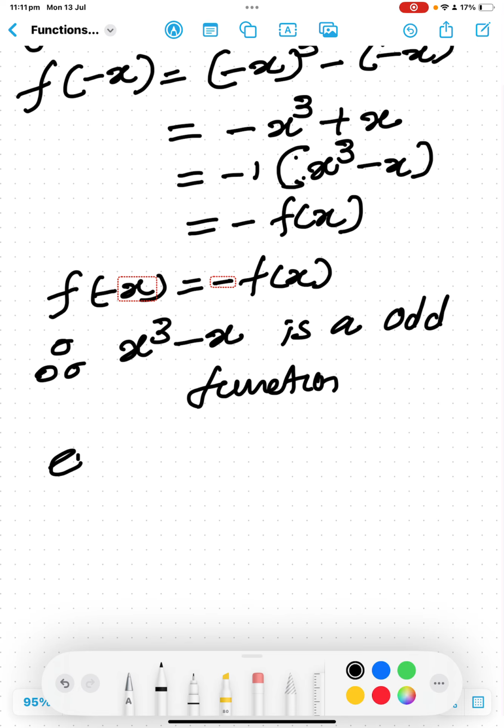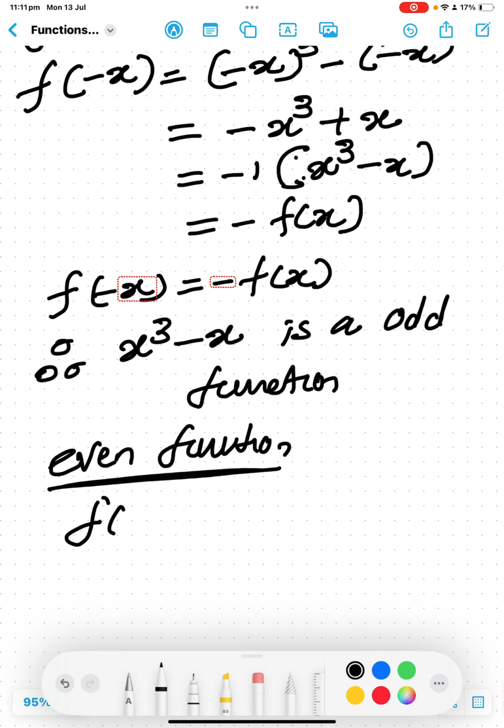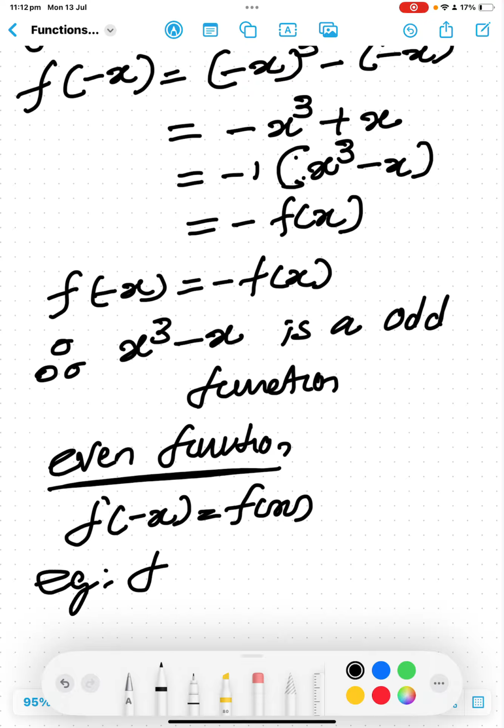What about even functions? An even function is where f(-x) is actually equal to f(x). Example, f(x) equals x squared minus 1.